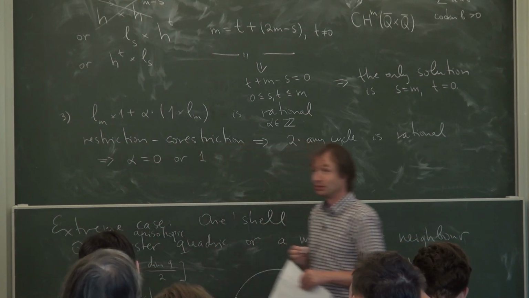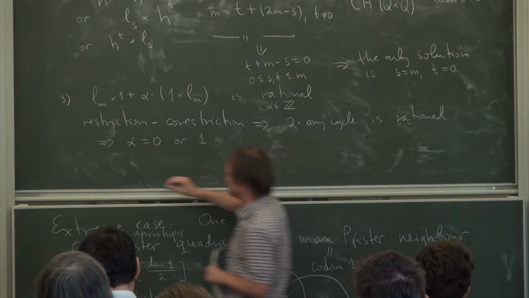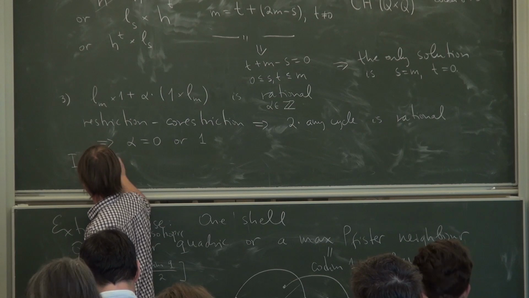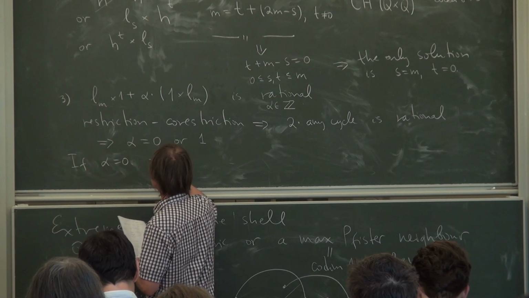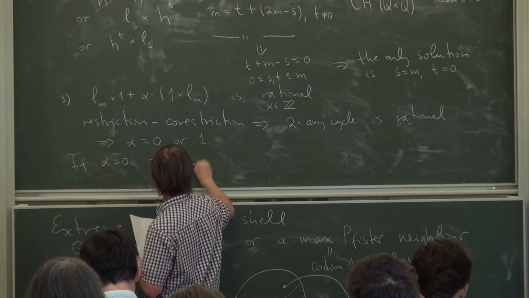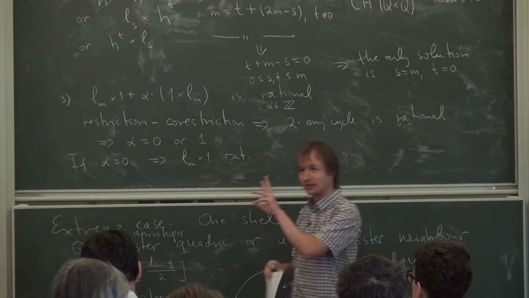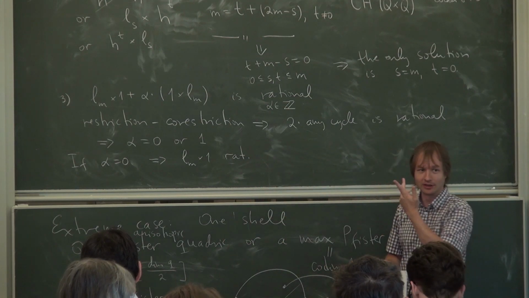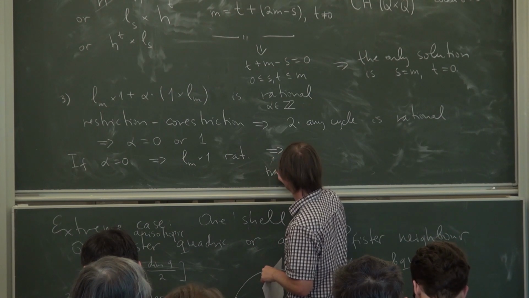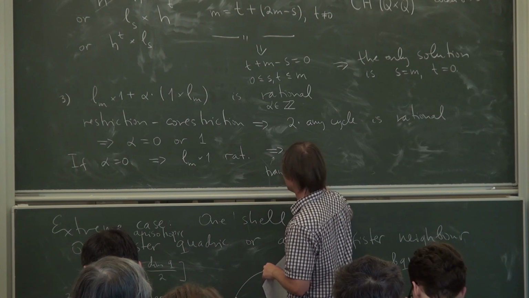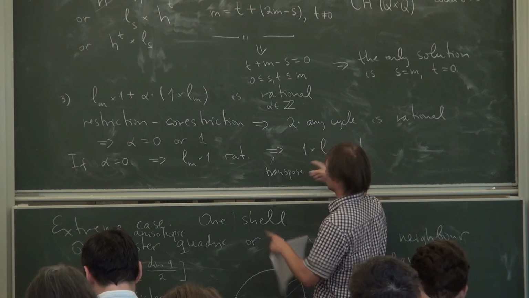And so assume it is 0. Well, if alpha is 0, then Lm times 1 is rational. But then we can transpose. The transpose is also rational. But then we can add.